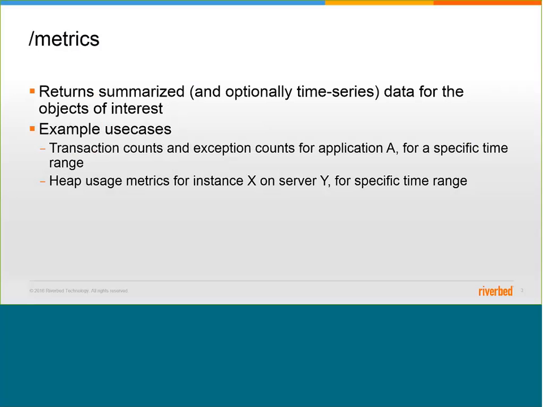So the API has several different portions to it. The metrics API is the main one that returns the summarized and time series data. So, for example, you could see transaction counts, exception counts, response times, heap usage, CPU utilization, basically all the metrics that you see in the analysis portion of the analysis server.